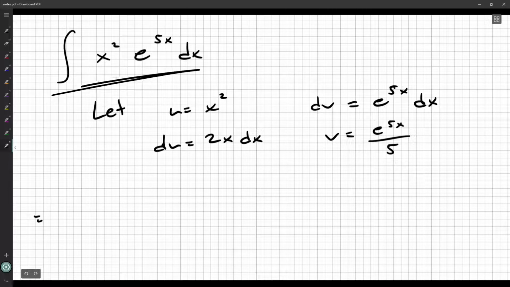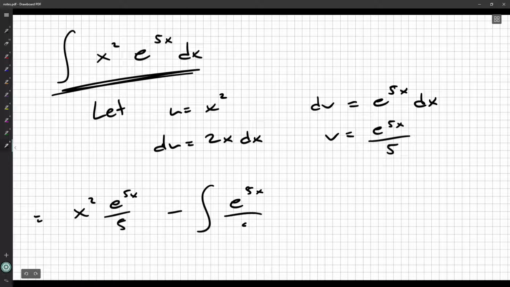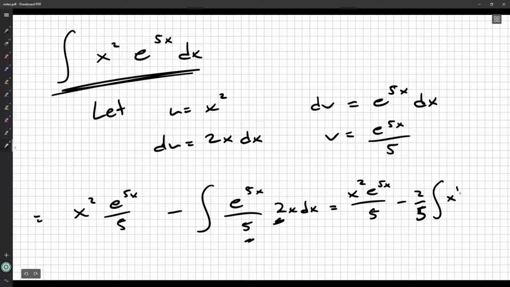So now this expression means the same as u v, minus, and now we've got v du. And we could bring out the 2 and the 5, so we get minus 2/5 x, which is really x to the 1 but we don't write the 1, e to the 5x.